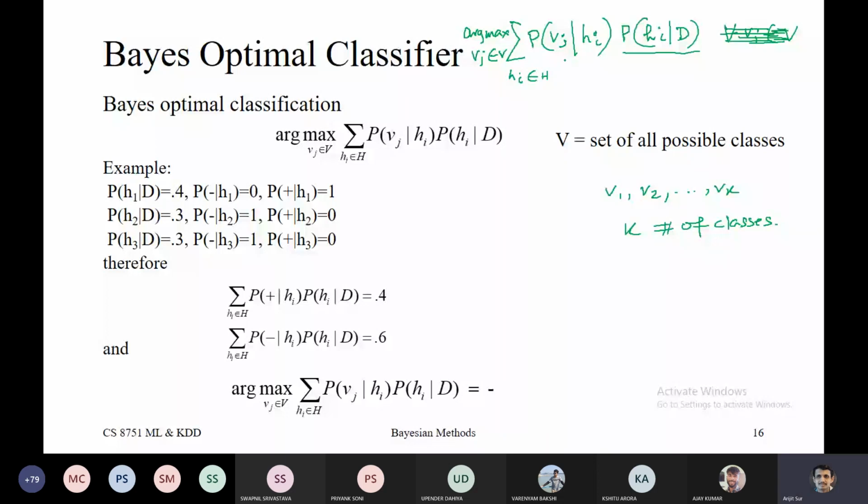So this is the definition of the optimal classification.